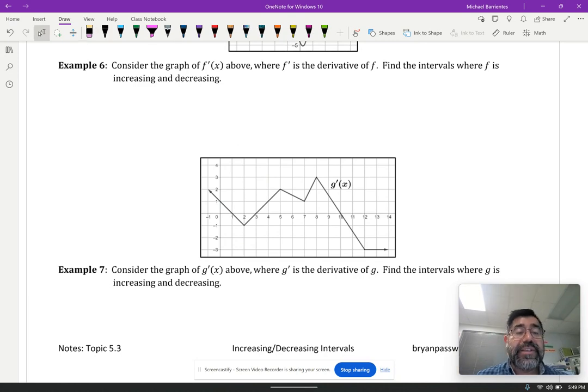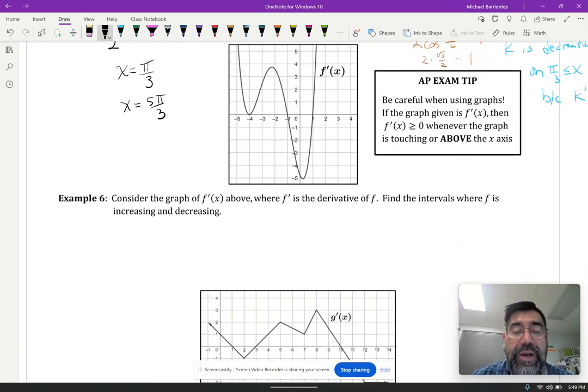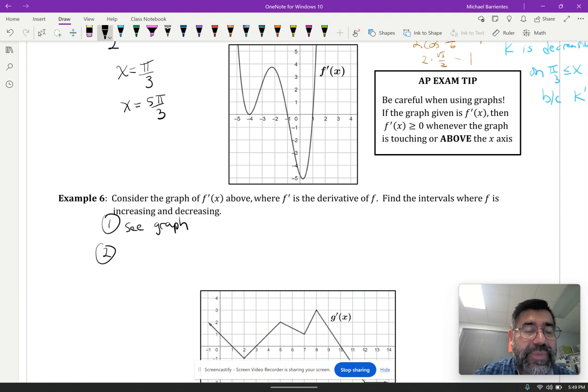Example 6. Consider the graph of f prime above, where f prime is the derivative of f. Find the intervals where f is increasing or decreasing. So if I follow my process, step number 1, I don't need to do because they gave me the derivative. Okay? And so I'm going to say see graph. Step number 2 says find the critical points.